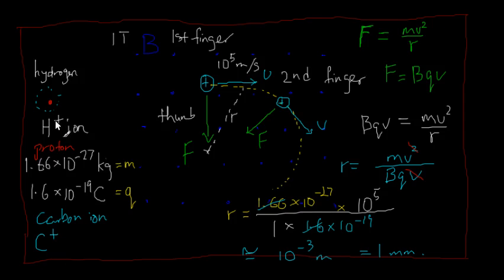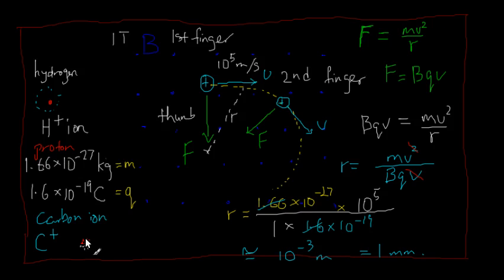A carbon atom has, at the center of the nucleus, 1, 2, 3, 4, 5, 6 protons, but it also has 1, 2, 3, 4, 5, 6 neutrons.